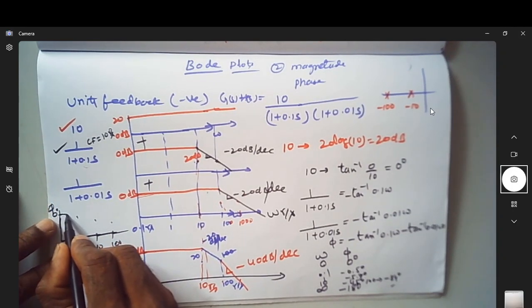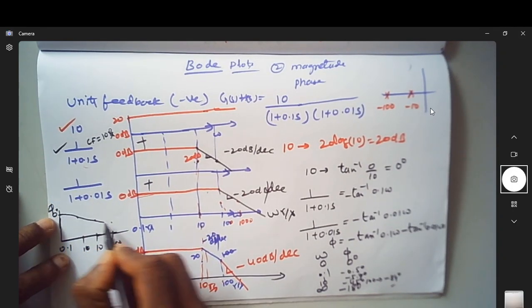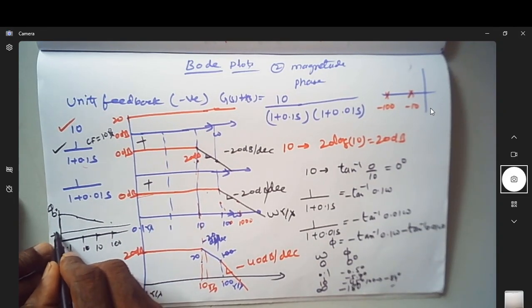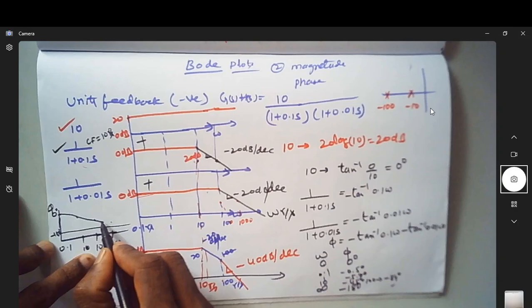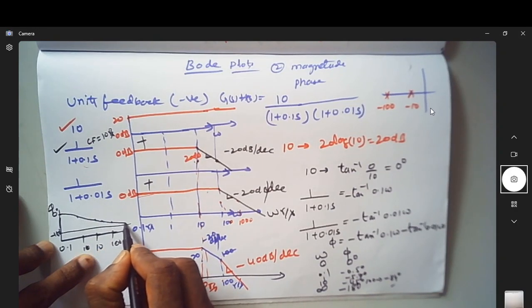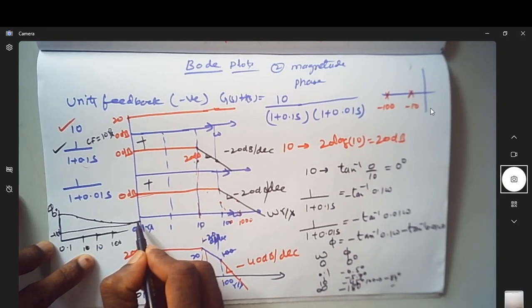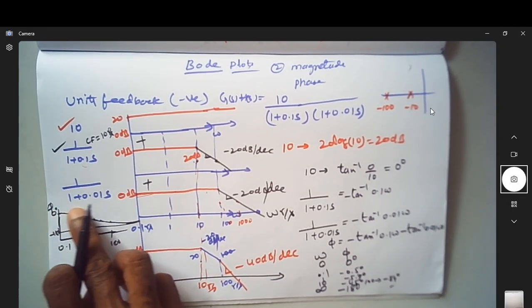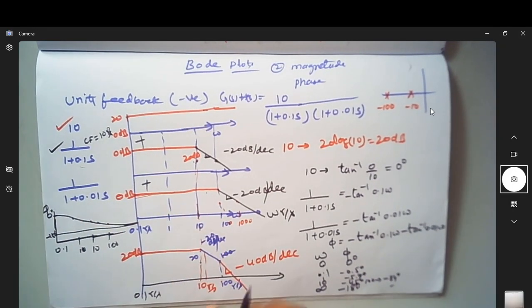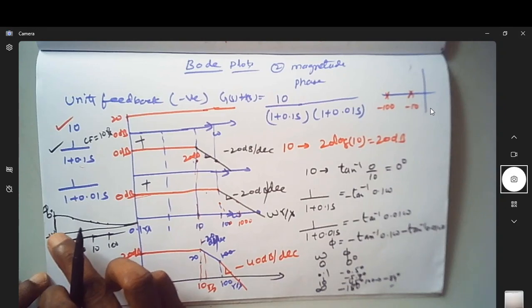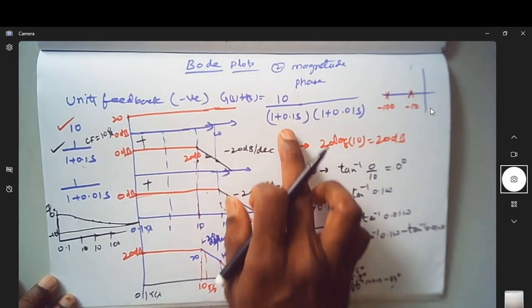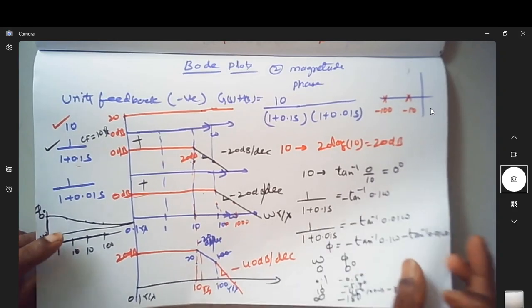It goes like this. This is a smooth graph. And suppose this is the minus 180 degree line, at omega equal to infinity, it just goes to the minus 180 degree line. So it just goes from 0 to minus 180. This is how it is going. So this is your phase plot. And this is the magnitude plot of this particular transfer function.